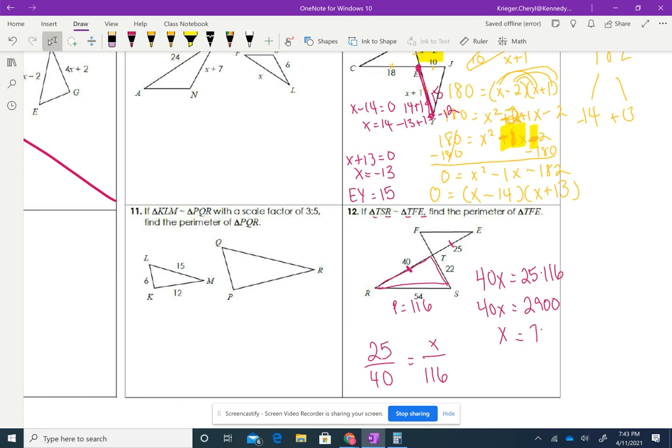X equals 72.5. So perimeter equals 72.5.